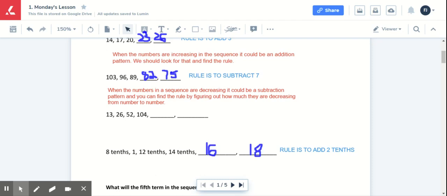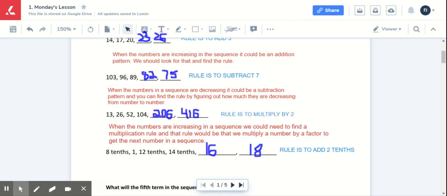You have to multiply by 2. So here there's actually a multiplication rule of multiplying each number in the sequence by 2. So our next numbers, if we're multiplying by 2, would be 208, then 416. So again, our rule is to multiply by 2.